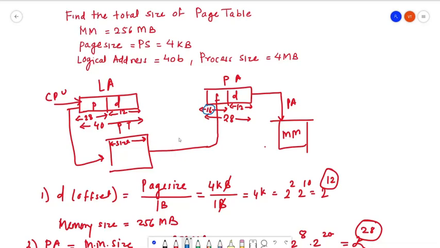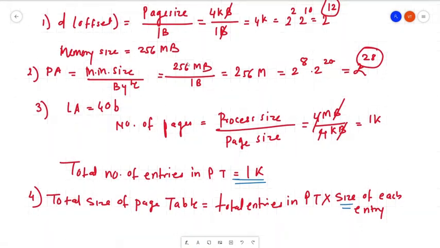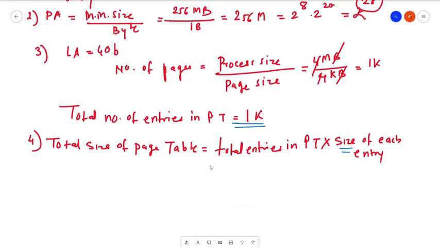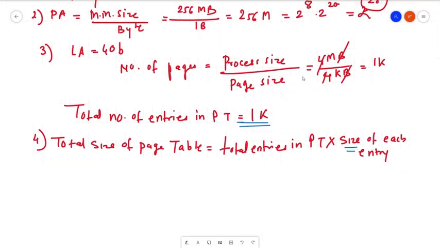So 16 bits, which is 2 bytes. Here you can write 1K into 2 bytes is equal to 2 KB.